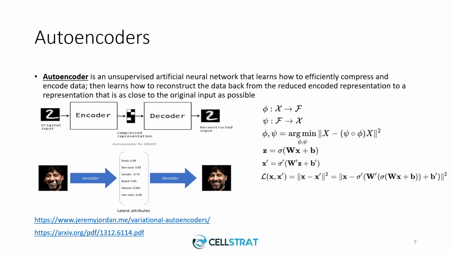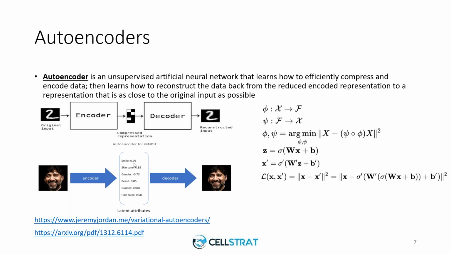Next, if we pass a face through an autoencoder, we come up with a lot of latent features for that image. In this example, we have smile, skin tone, gender, beard, glasses, hair color. These are the different features, and we can manipulate one of these features and then reconstruct.